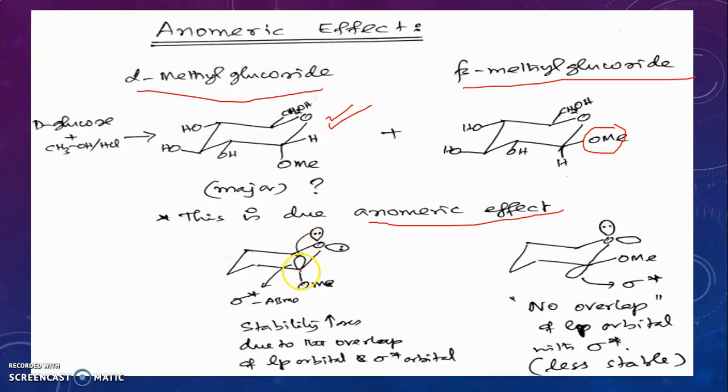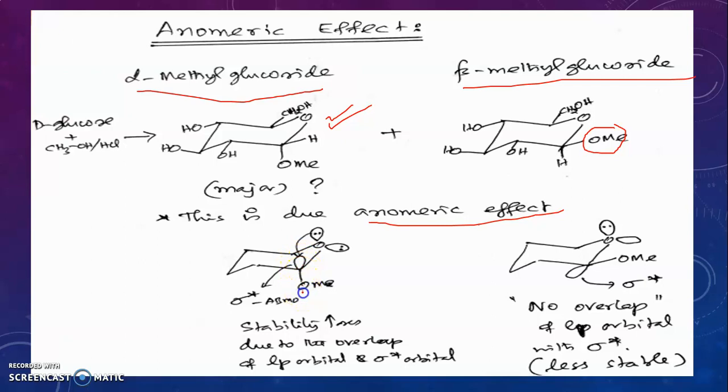Now, in the axial methoxy group, see this bond, the bond between carbon and oxygen, it is a sigma bond. For this carbon-oxygen single bond, we have a sigma star antibonding orbital. The sigma star antibonding orbital is present exactly on the opposite side.